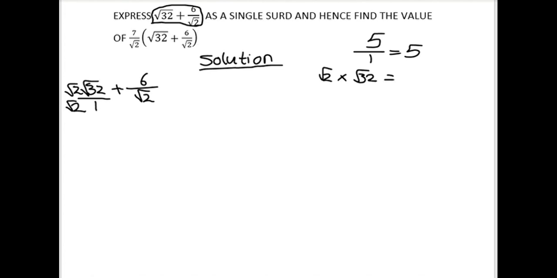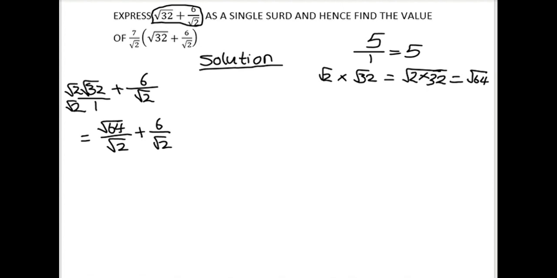Remember our first law of Surds: when you have two Surds in different brackets that will be multiplied, the answer is root 64. And square root of 2 times 1 is still square root of 2. So this will be equal to root 64 all over root 2 plus 6 all over root 2.